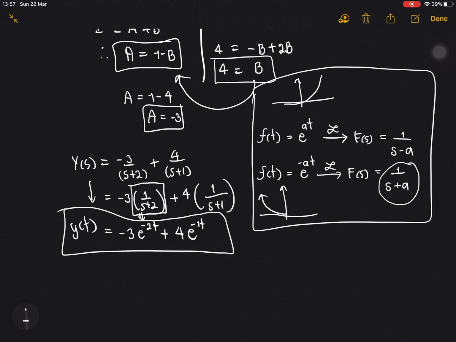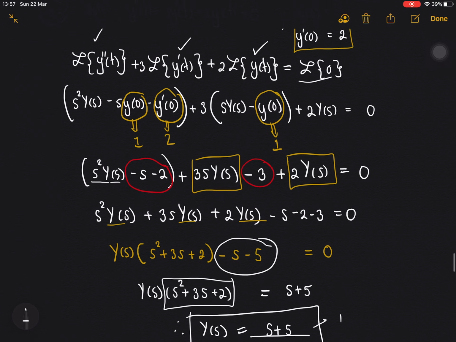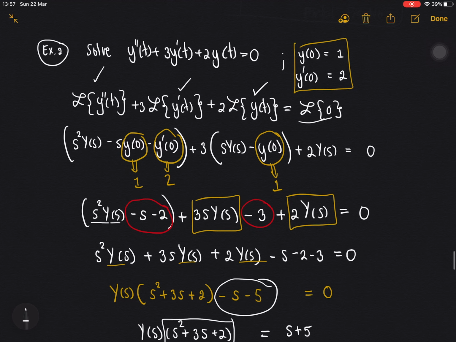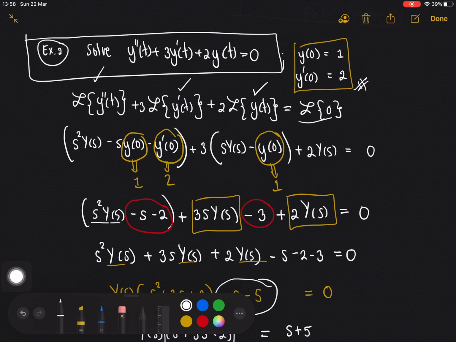So this is the final solution of the inverse Laplace transform when you are given ordinary differential equations along with the initial conditions. You can see that this is the step.